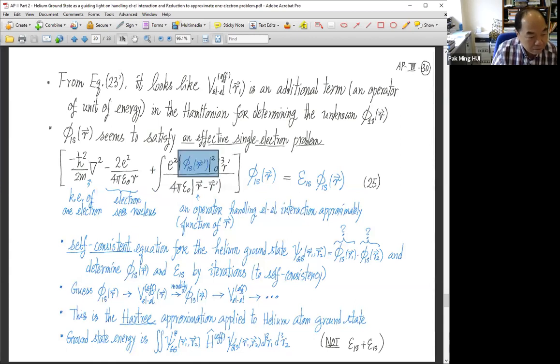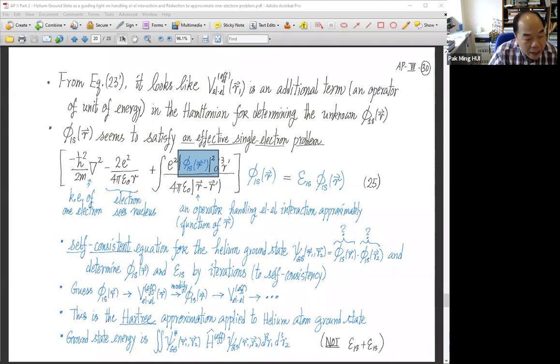Do you see that? The extra potential term needs your answer. Wow, that's rather funny, right? This is an equation to solve for phi 1s and epsilon 1s. Yet, in order to have the equation, the operator part, you need the solution.